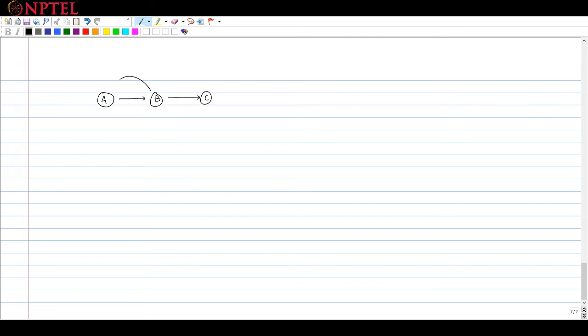Just quickly redrawing this for convenience, right? The first question was A0, B0, C0. The question is, can A0 fire at the beginning? And the answer is basically no. It depends on, sorry, I've got the diagram wrong over here.